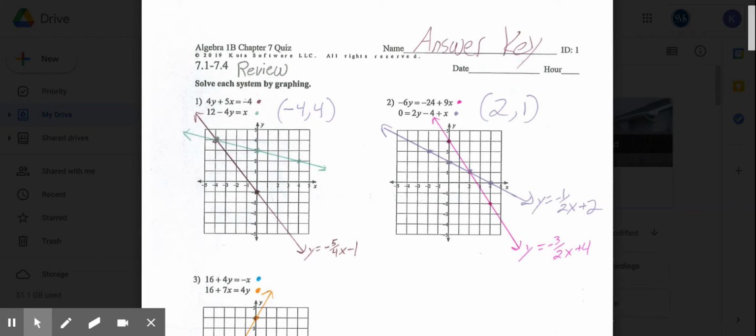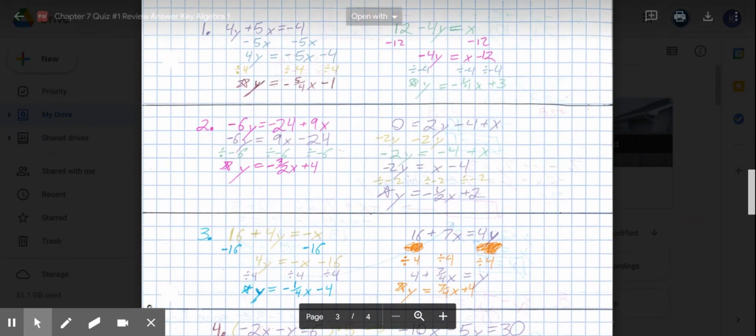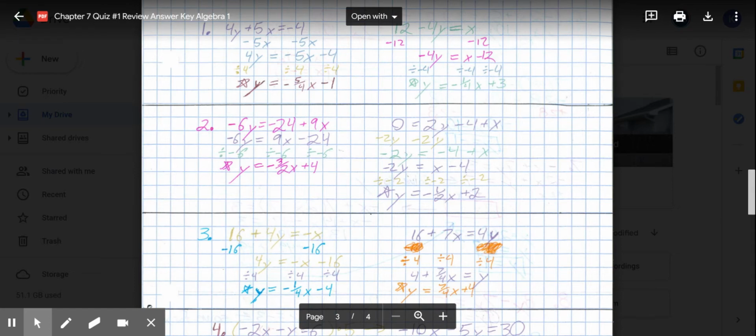For example, in number 1, neither of these equations are written in y equals mx plus b. So here is the work for changing them to y equals mx plus b. For the first equation, we have 4y plus 5x equals negative 4.